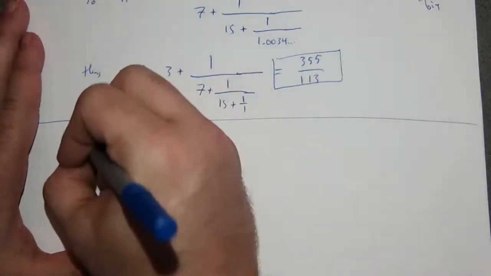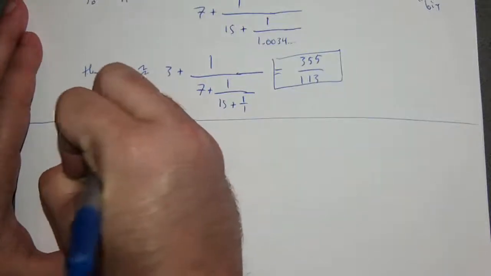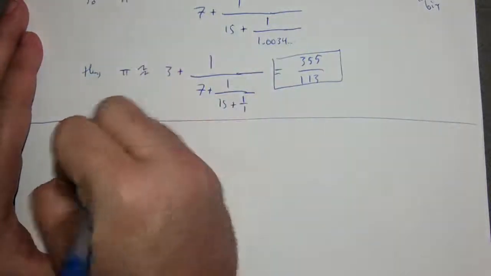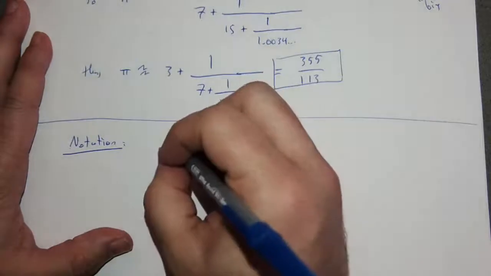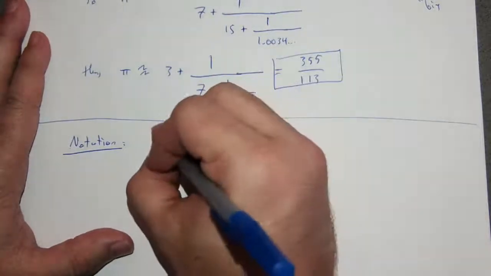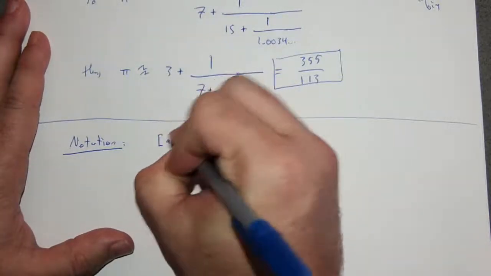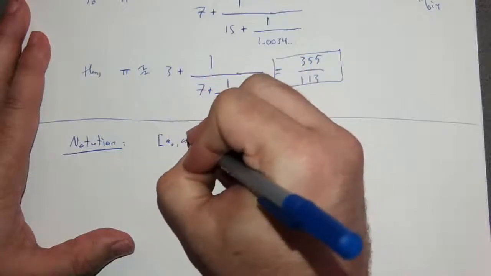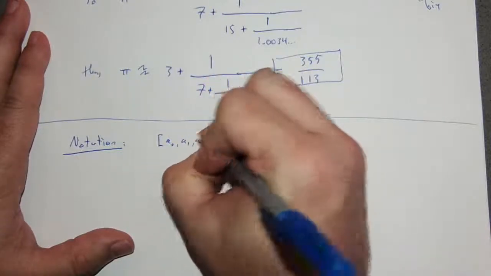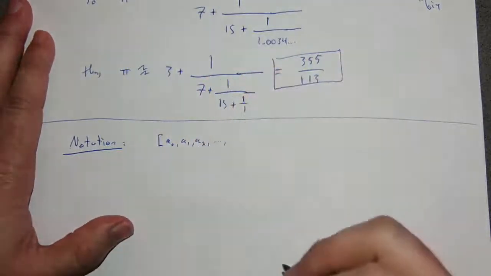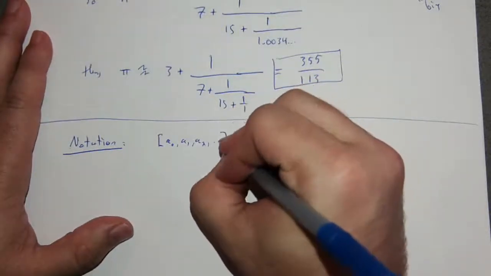So, notation. My notation for continued fractions is, if I write out bracket A0, A1, A2, and so on, well, I'll just end there.